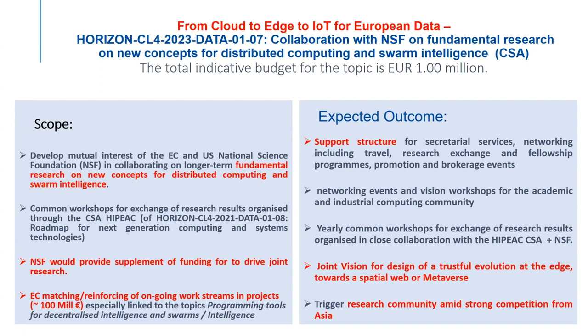NSF would also provide some supplement funding to drive the joint research, and the scope covers projects currently funded from EU resources. They amount to about 100 million of EC funding, and they are mostly the swarms and MetaOS projects.